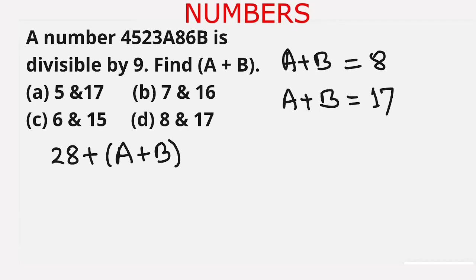So A plus B equal to 17 and A plus B equal to 8 are the only possible values for the given question. And from the given options, our answer is option D, 8 and 17.